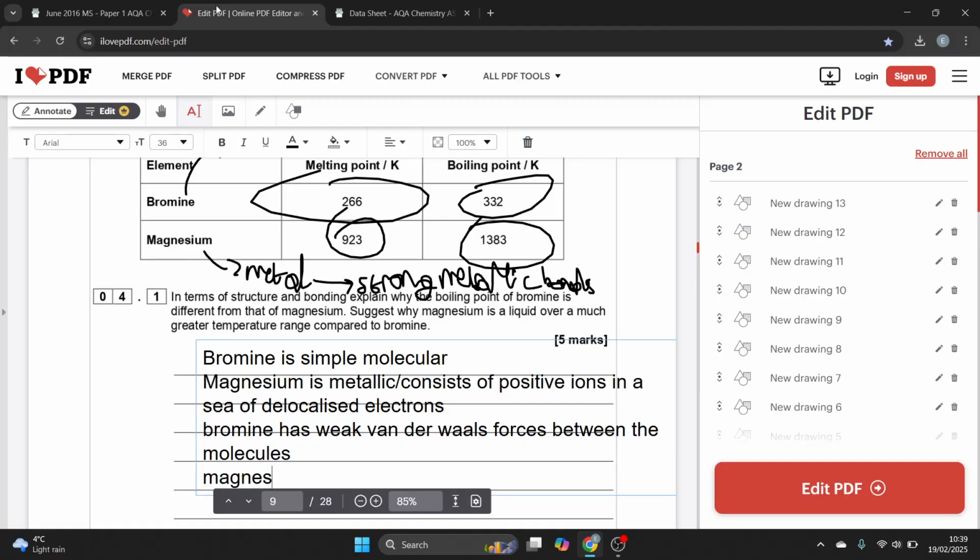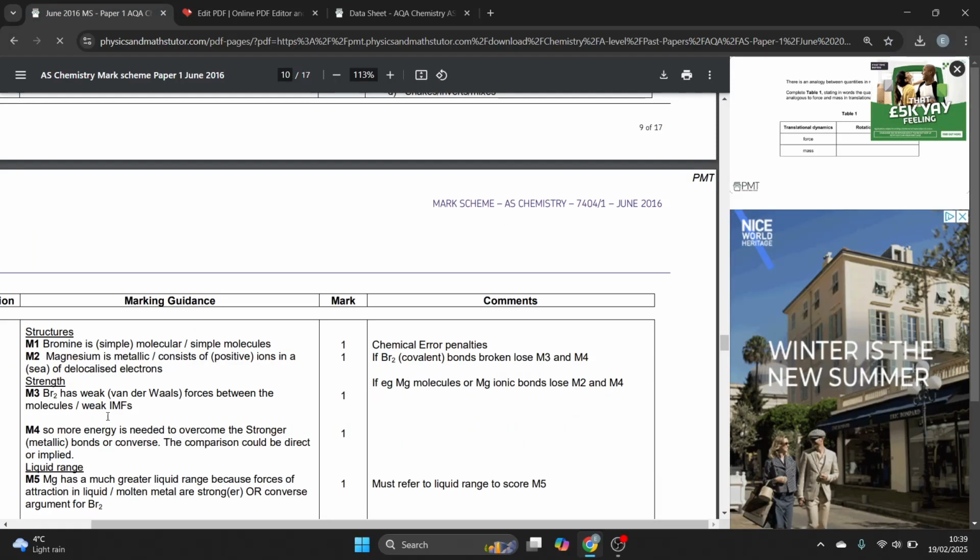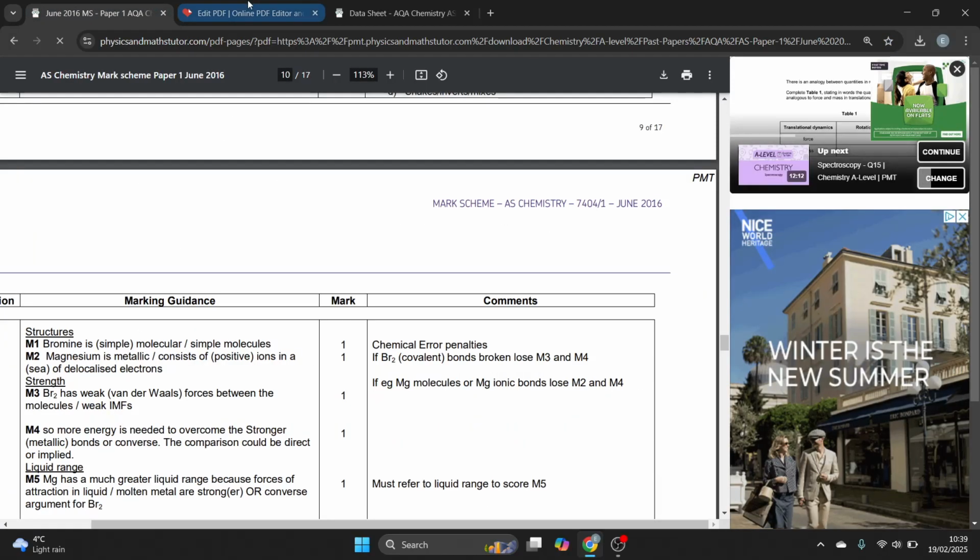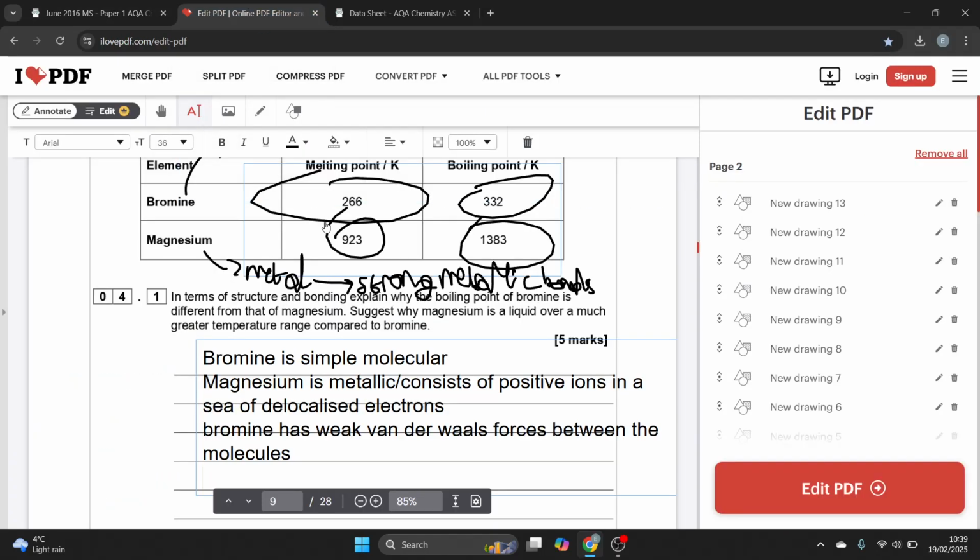And say magnesium requires more energy needed to overcome stronger metallic bonds. Or say in this case, less energy needed to overcome the weaker van der Waals forces between the molecules.